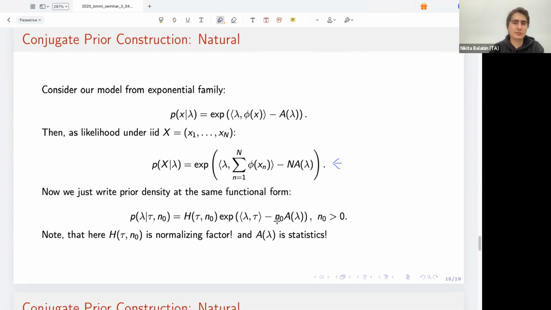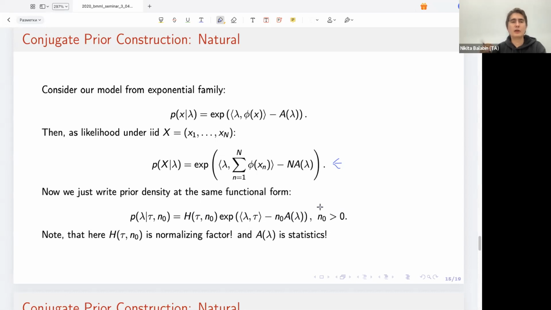In most cases, n sub 0 is 1, but there are some distributions like binomial where it arises. And here we have also a normalization constant for this distribution, which doesn't depend on the lambda parameter.